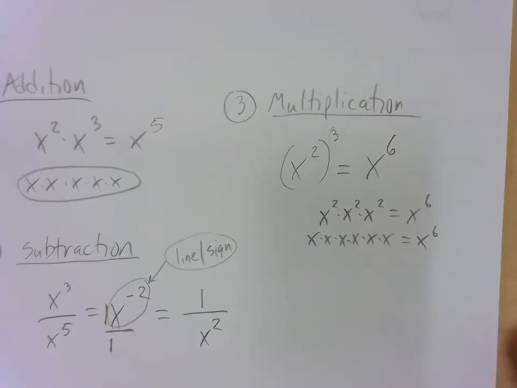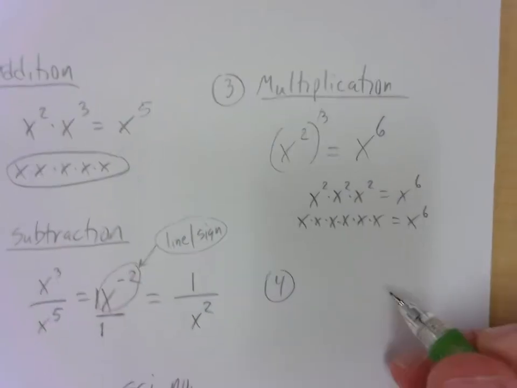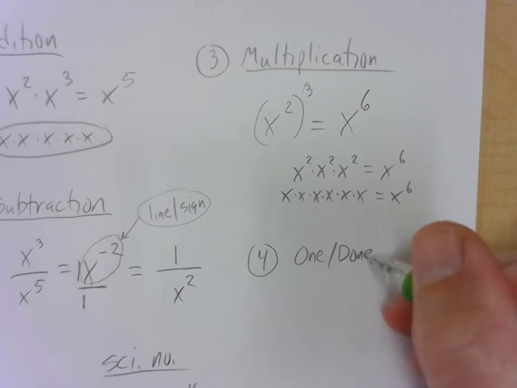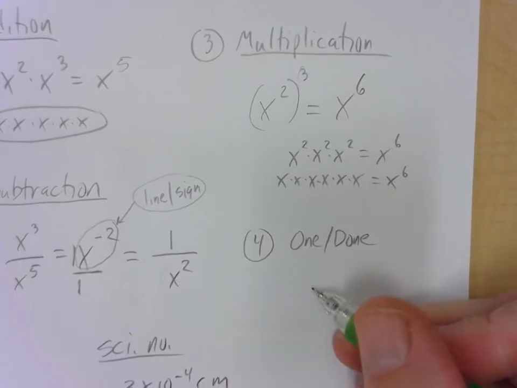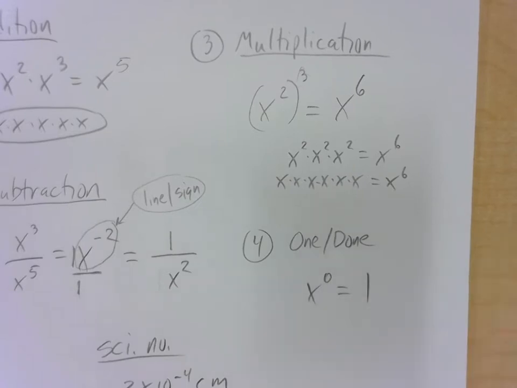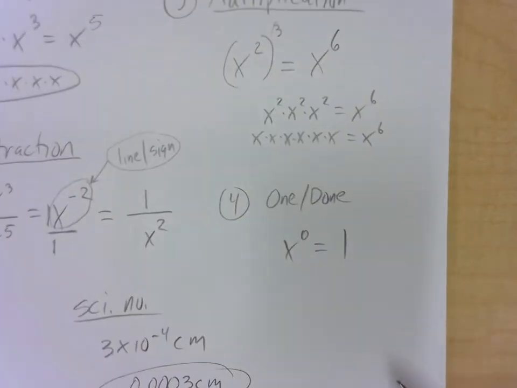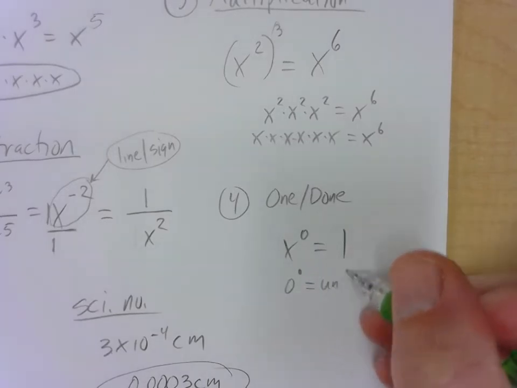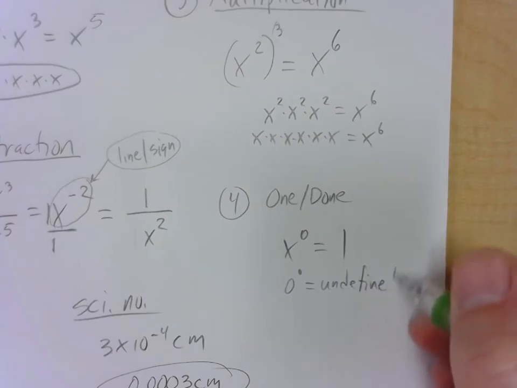And the final rule, I like to call this the one and done rule. The one and done rule is when you have anything to the 0 power, you get 1. It's not 0. Anything to the 0 power is indeed 1. Except, there's one exception, 0 to the 0 power is undefined. You can't do that one.